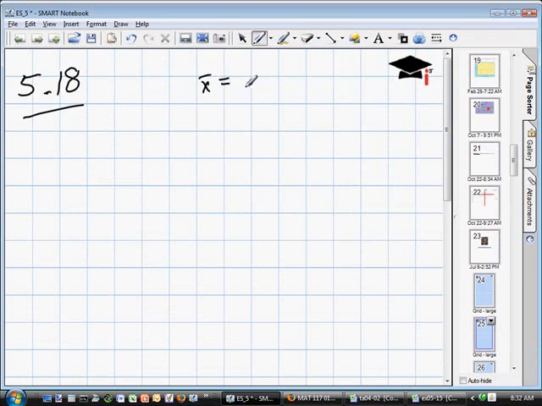X bar is 108.9. The standard deviation of X is 13.17. Y bar is 7.447. And the standard deviation of Y is 2.10.